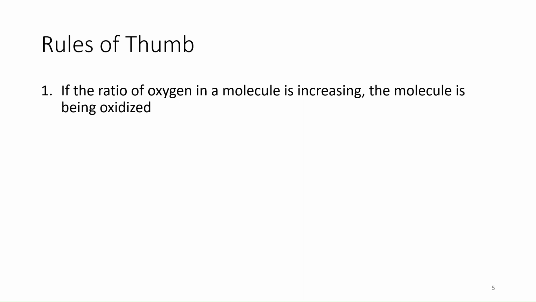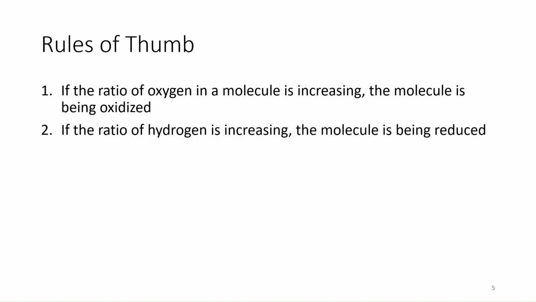So if you're looking at a compound in a chemical reaction and the number of oxygens in a molecule increases after the reaction, we would say that molecule is being oxidized. Makes sense. If the number of hydrogens is increasing in that molecule from before to after, then we would say that it is reduced.